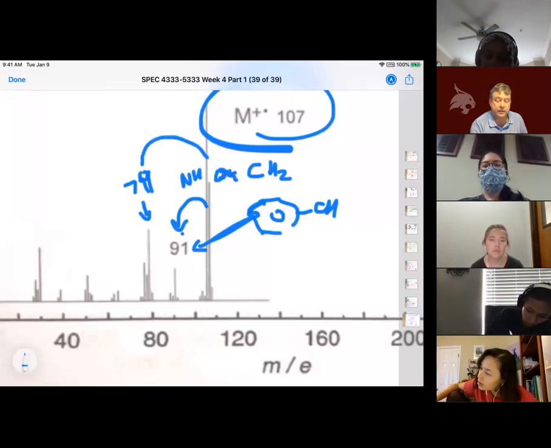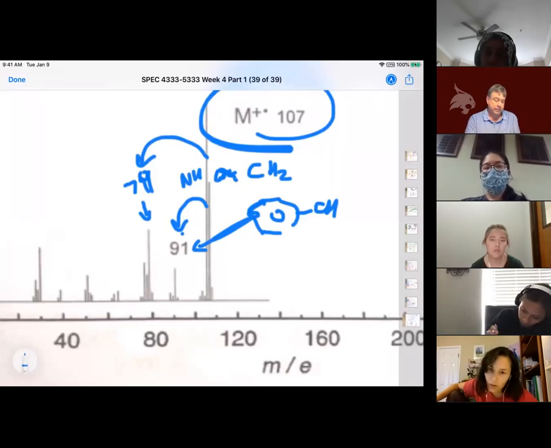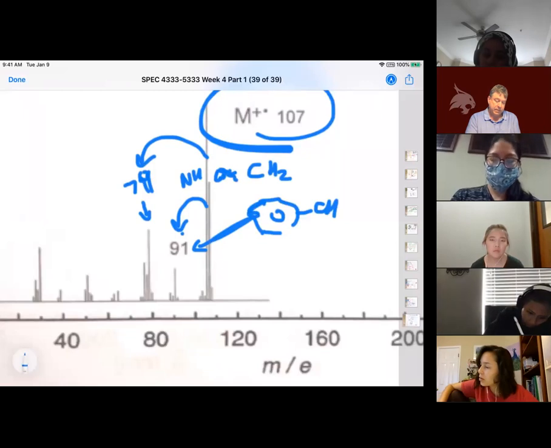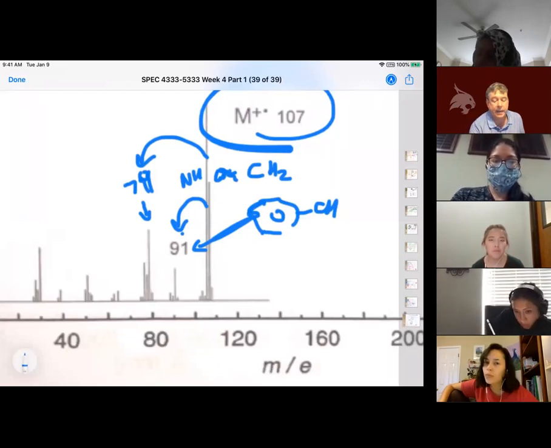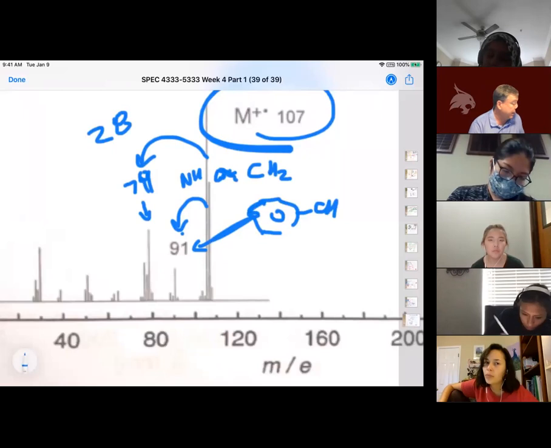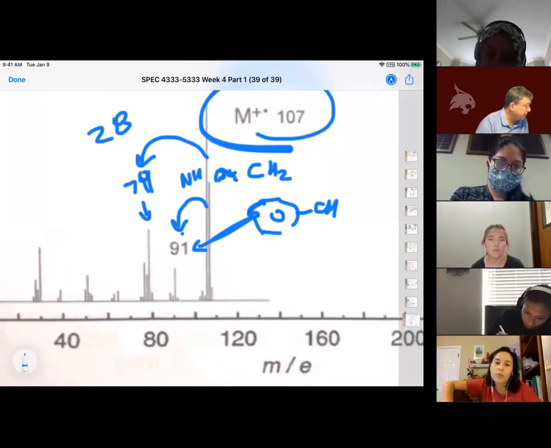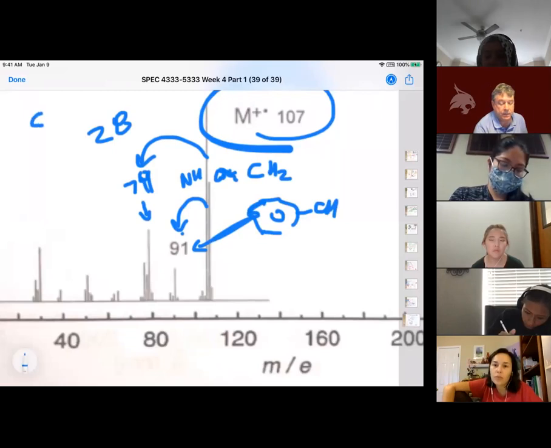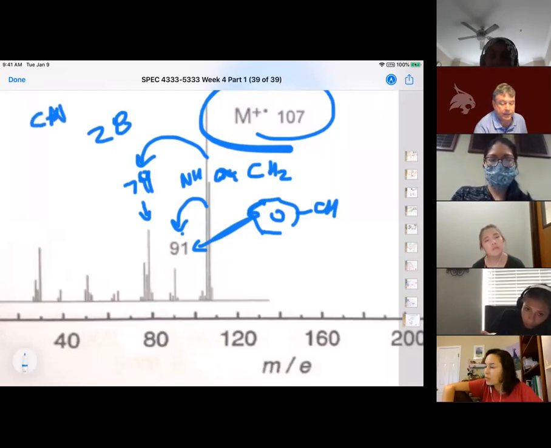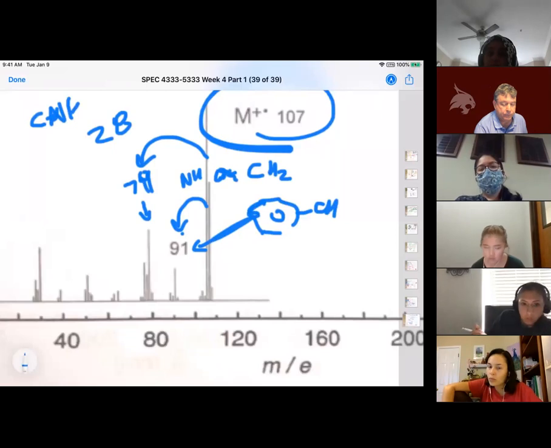The loss here is 107 minus 79, which is equal to 28. Our 28 fragment is CHN2.